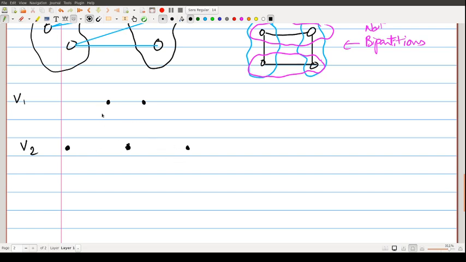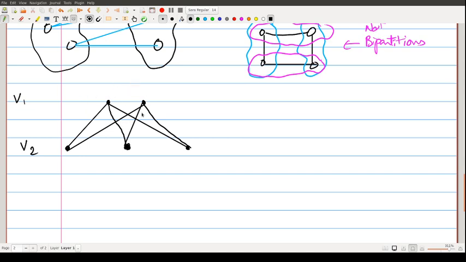So the only way you can complete it is to make an edge between these two, and these two, and then these two, and these two. And you can't draw any other edges between any other two distinct vertices, right?